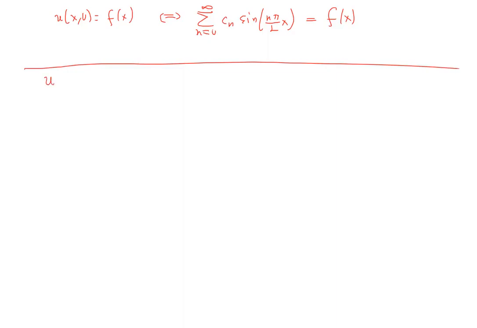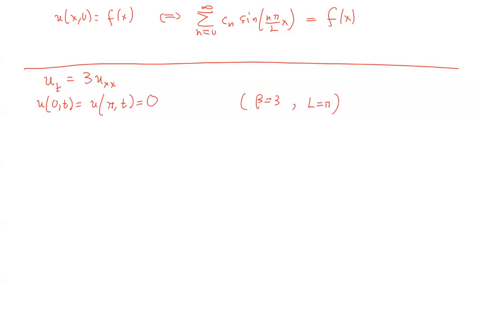The equation is the same, u_t, but now I'm going to tell you that I want beta to be 3, u_xx, and I want u of 0, t to be equal to u of pi, t, and be equal to 0. So from here you can understand that beta is 3 and L is pi.